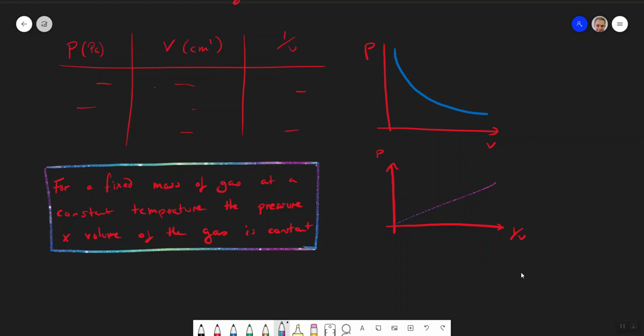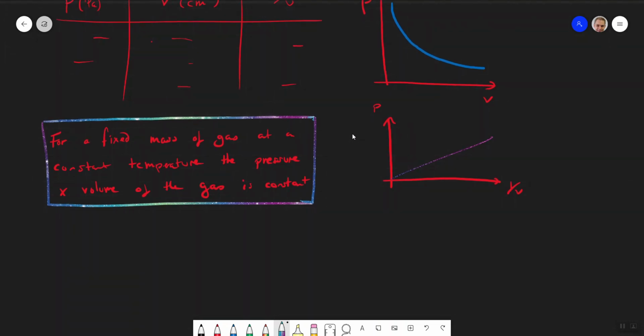But we're going to think about how we can use this to solve problems, because what we saw is that for our gas, pressure times volume is equal to a constant. Okay, that's it written out mathematically.